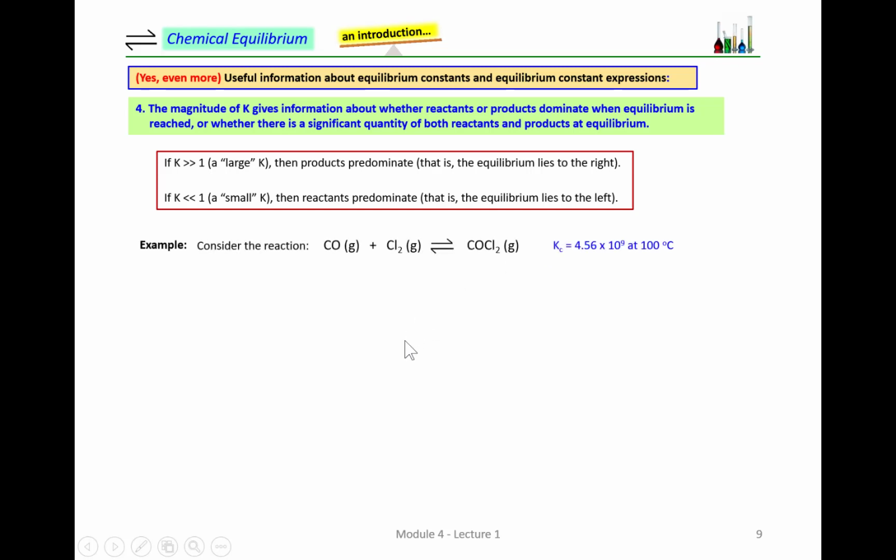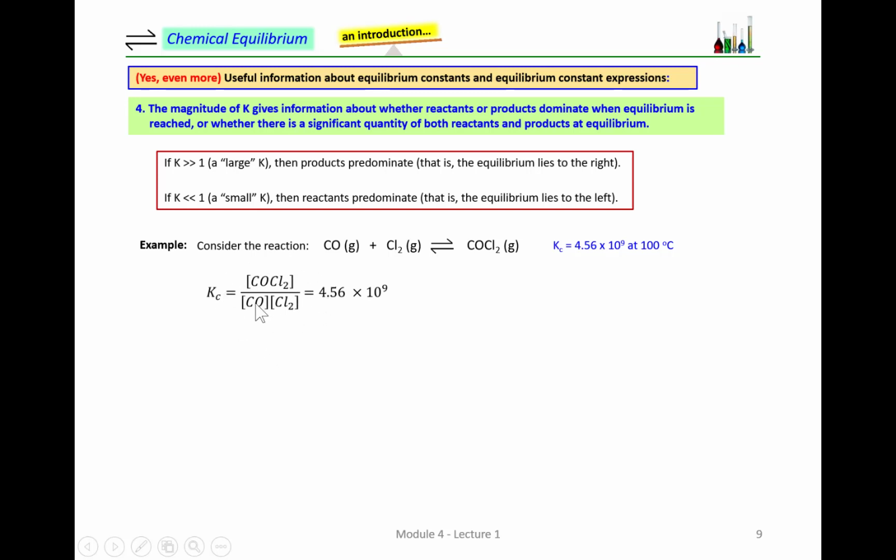Consider the reaction carbon monoxide plus chlorine going to COCl2. This comes to equilibrium, and it has a rather large equilibrium constant at 100 degrees C, 4.56 times 10 to the 9th. That's truly much greater than 1. Let's write out the equilibrium constant expression according to the rules. It equals this number.